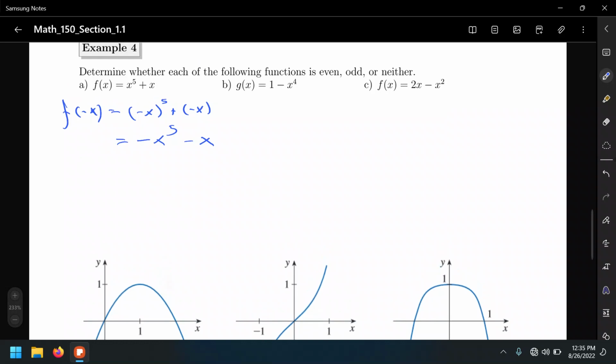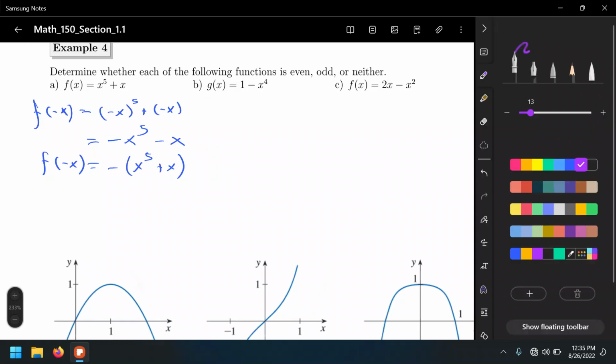But now let's factor out this negative sign: -(x to the 5th plus x). But what is x to the 5th plus x? Isn't it the original f of x, but with a negative sign in front of it?